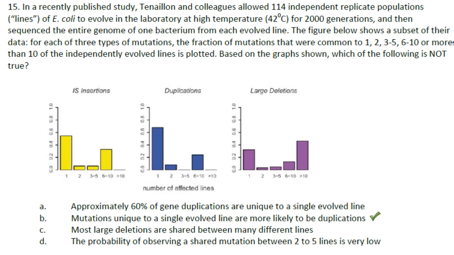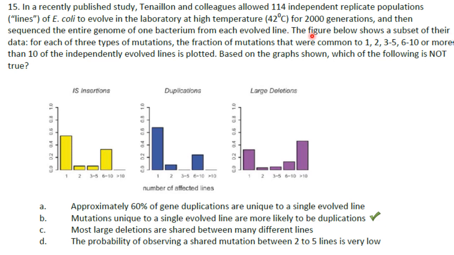Then next one. In a recently published study, Tenaillon and colleagues allowed 114 independent replicate populations, that is lines, of E. coli to evolve in the laboratory at high temperatures for 2000 generations, and then sequenced the entire genome of one bacterium from each evolved line.